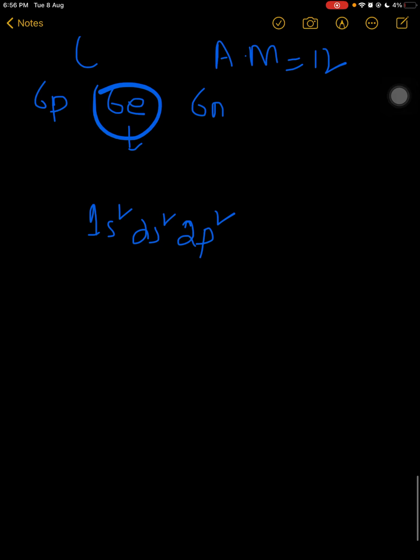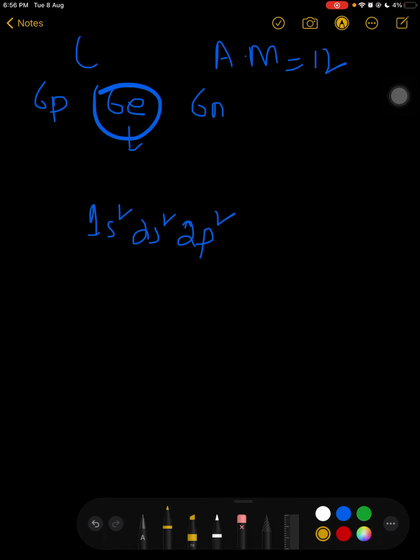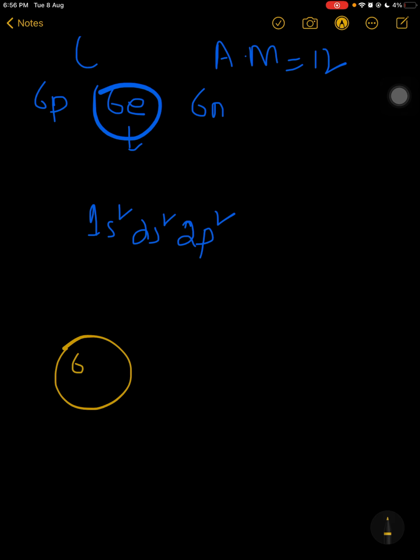Then if we talk about the configuration in shells, for example 6 protons, 6 neutrons, so 2 electrons over here and 4 electrons over here.